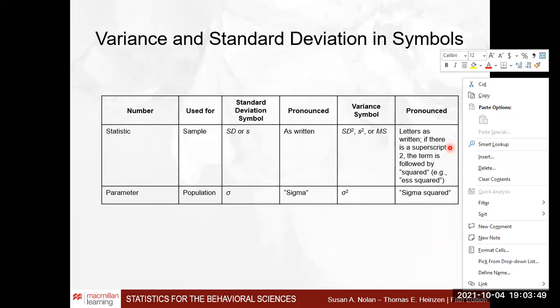We're either doing S squared for variance, or MS as the variance, or we're doing S for standard deviation in a statistic, which is for the sample only. For a population, we're doing sigma. This is basically a little o with a little thingy on top. Or we do sigma squared for variance. It is important that you recognize it whenever you see it in the quiz. It's an important distinction because later on there will be some calculations where this becomes relevant.